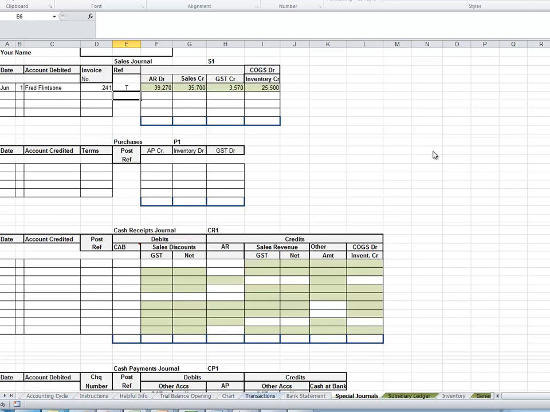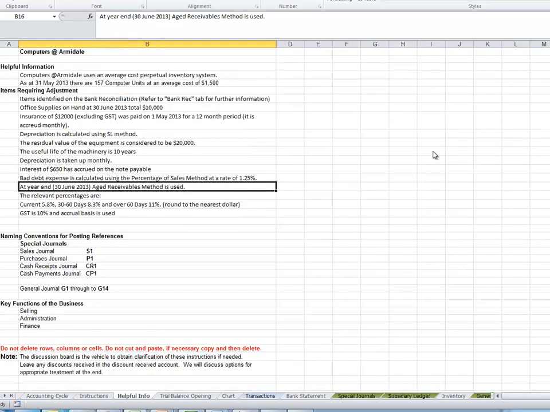Now let me say one other thing about this in the helpful information. As at the 31st of May, there was 157 computers at an average cost of $1,500. Here is one example where we've really simplified things so that it's not realistic.